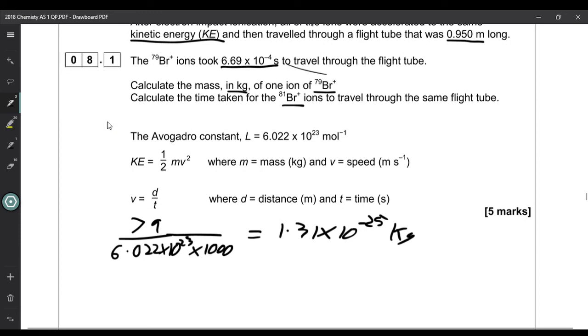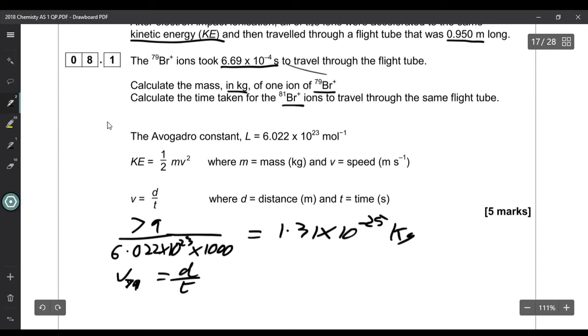So V79 was the distance travelled divided by time, and the distance is 0.950 divided by the 6.69 times by 10 to the minus 4 seconds that we've been given.